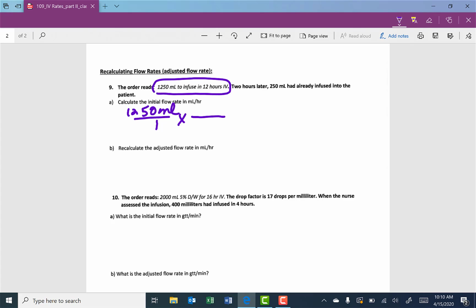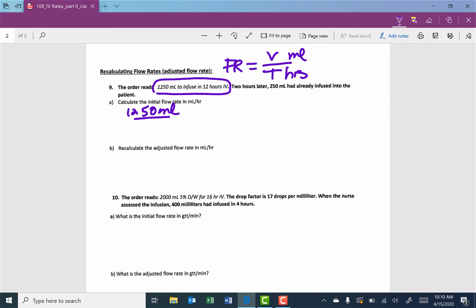And remember, when we calculate flow rate, you take volume. Flow rate is always equal to volume over time in hours. This should be in milliliters. That's how you do flow rate. That's one thing you have to memorize.